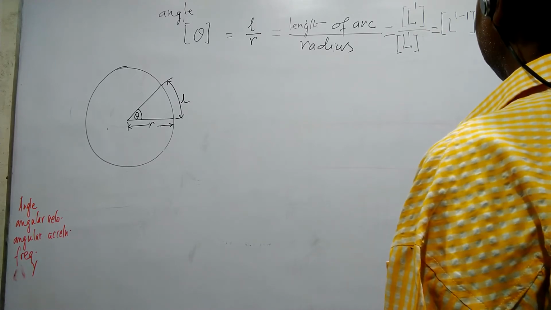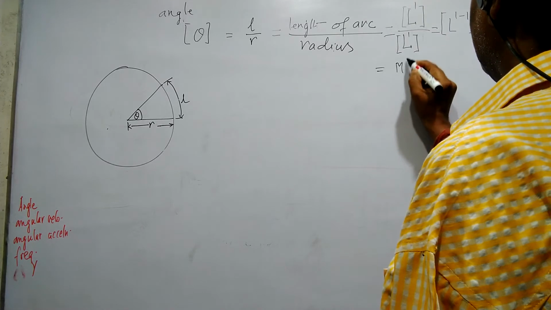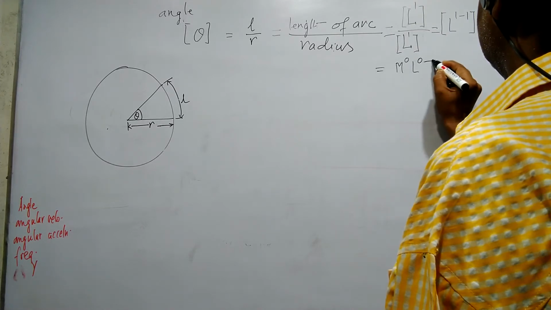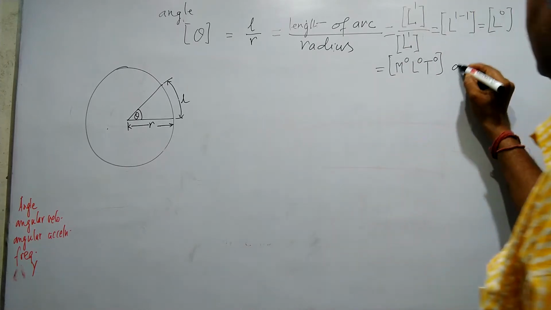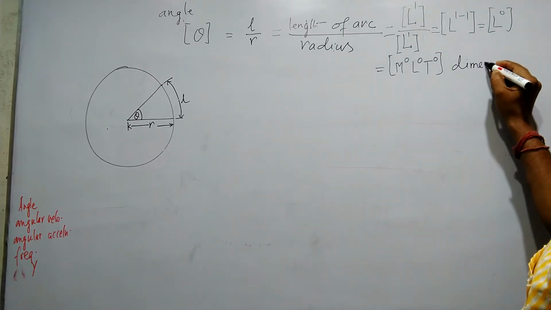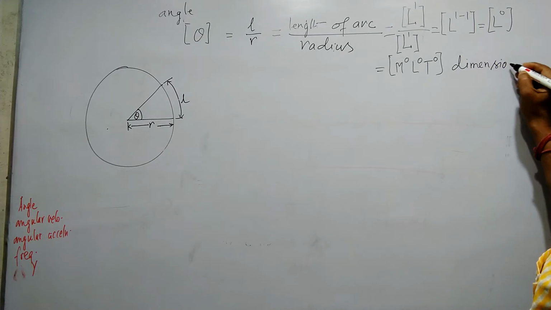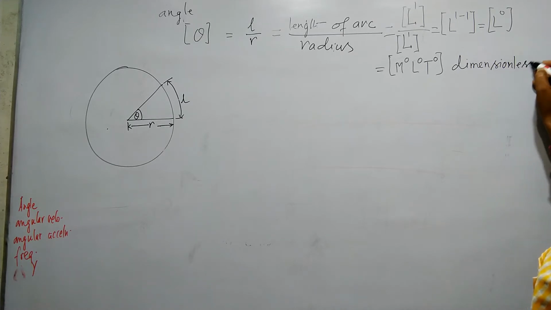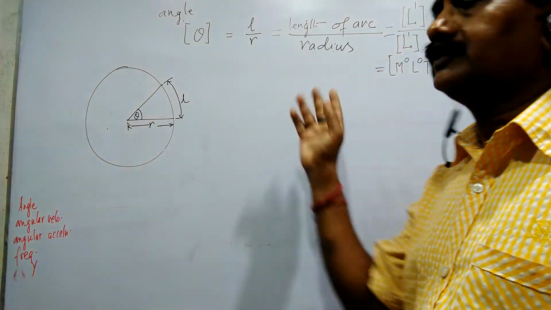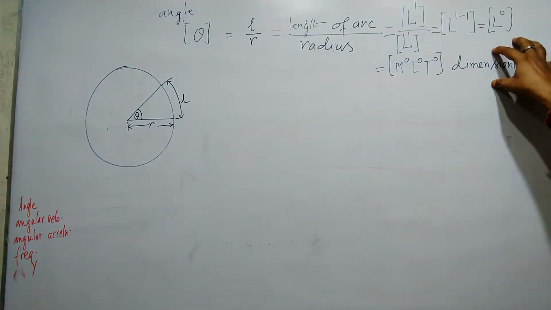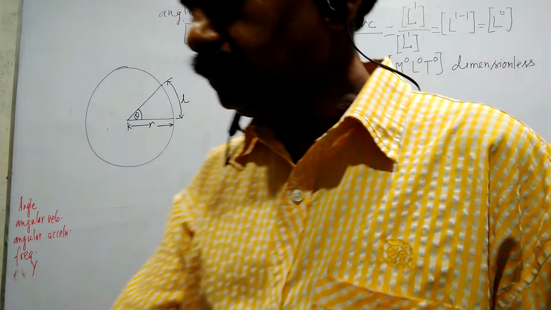Or we can say M to the power 0, L to the power 0 and T to the power 0. What does it mean? This is a dimensionless quantity. Then the dimension of angle will be nothing. It is a dimensionless quantity.